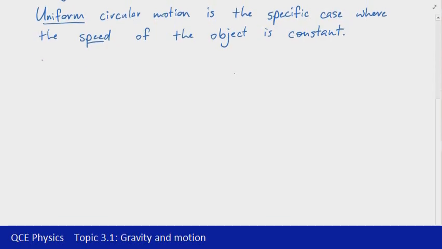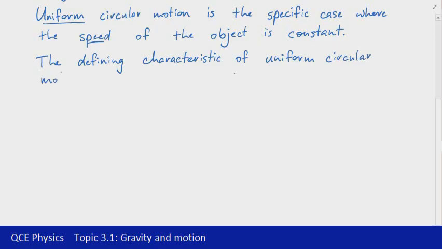In the case of uniform circular motion, there is a defining characteristic that we should be aware of, and that defining characteristic has to do with the force that is involved. That force has a particular direction that we need to be aware of.